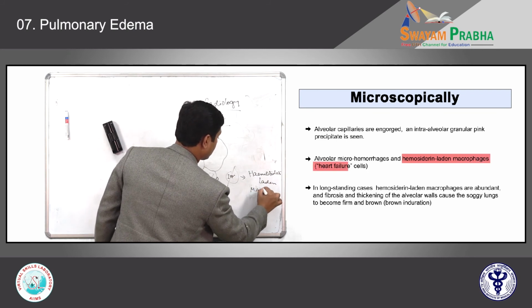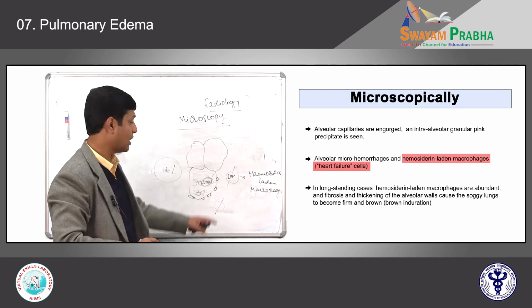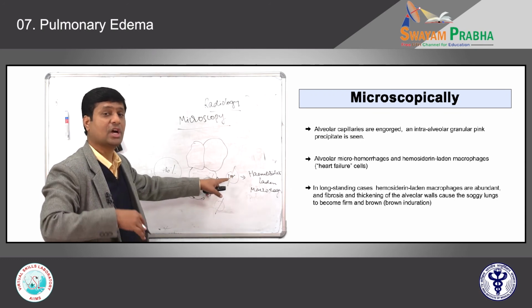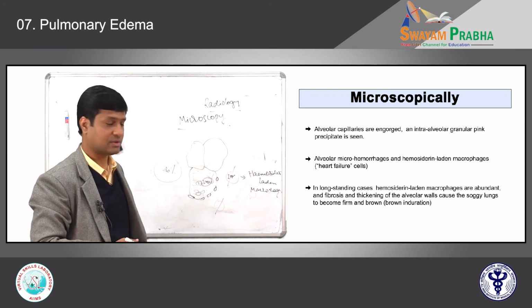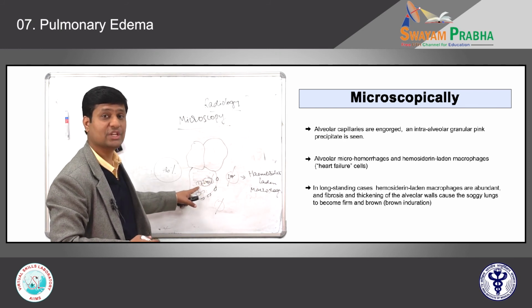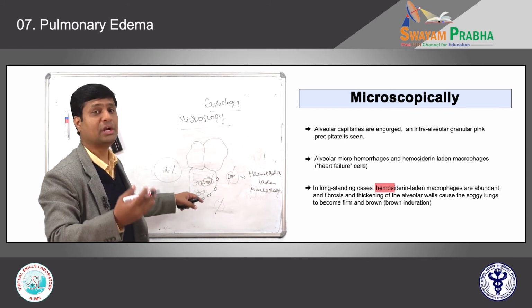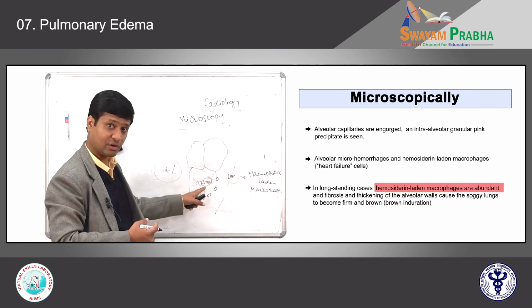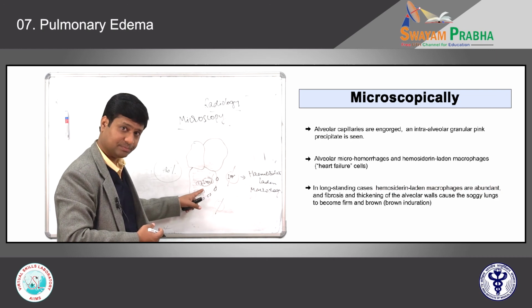These hemosiderin-laden macrophages, depending on the duration of the disease process, gradually start accumulating in the alveolar lumen. Initially you might see one, but later as the disease progresses, you will see many iron-laden macrophages deposited here.